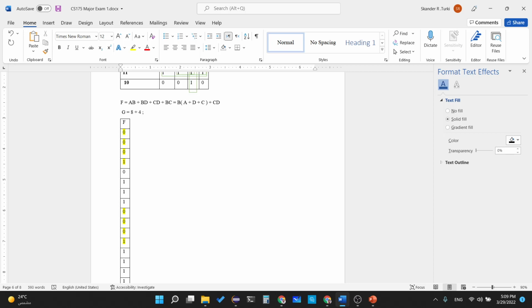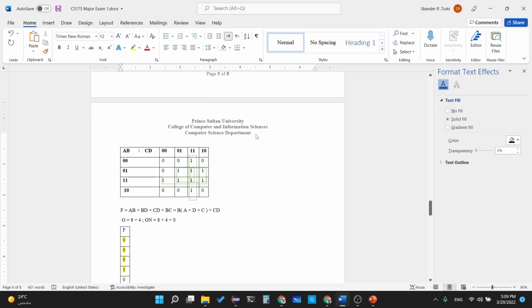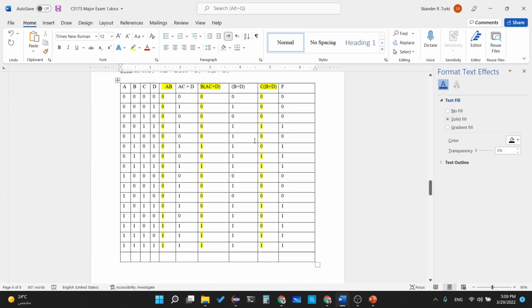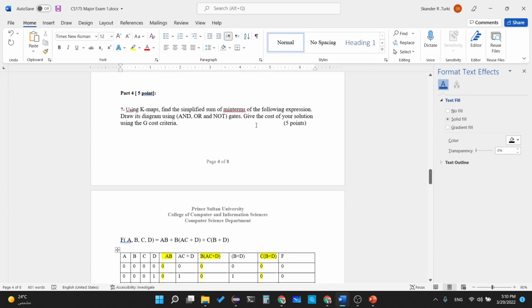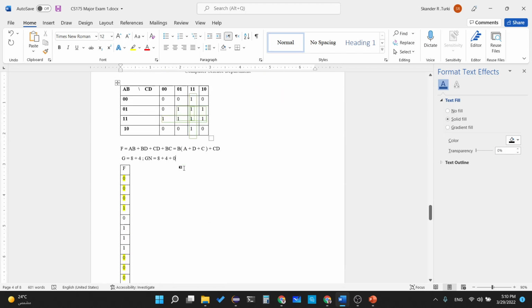Also Gn will be the same, and we don't have bars here, so Gn is also 12 because the complements are 0. We don't have any complement. And then we have to draw the diagram, but I think we can do that.